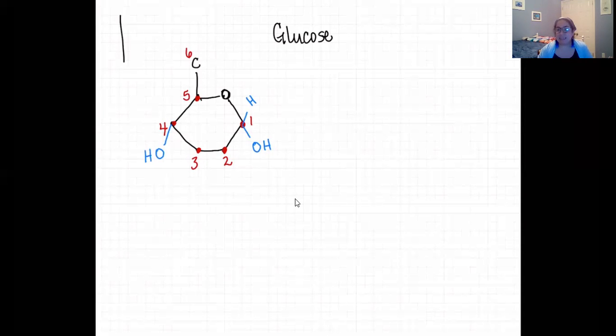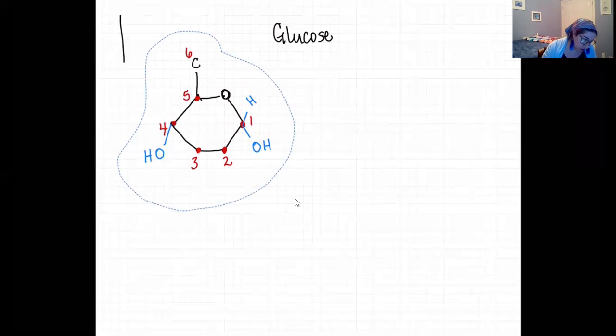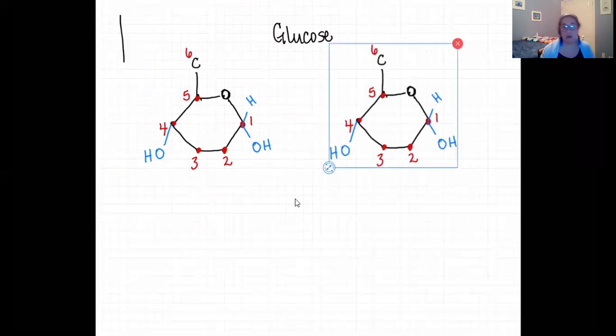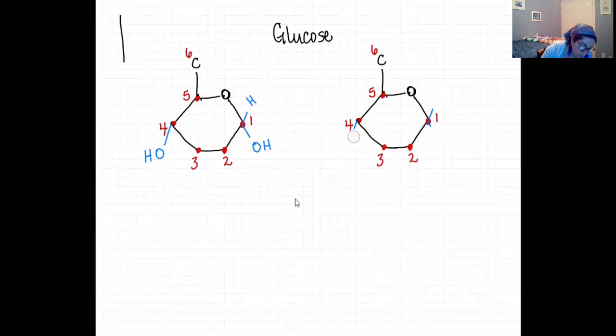Now it may seem like it's not that big of a deal, but it's a very, very big deal. Because if the molecule has those hydroxyl groups pointing in a different direction, it changes the molecule completely. So now let's take a look at the same molecule. I'm going to erase my functional groups here.